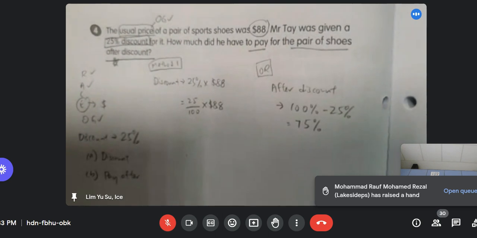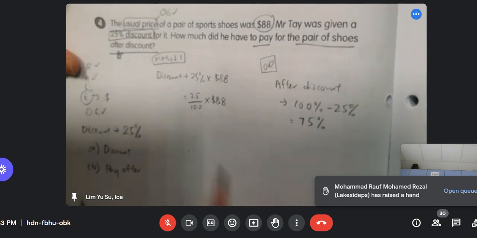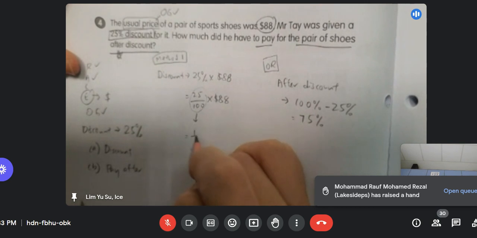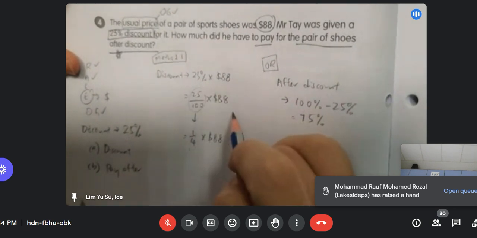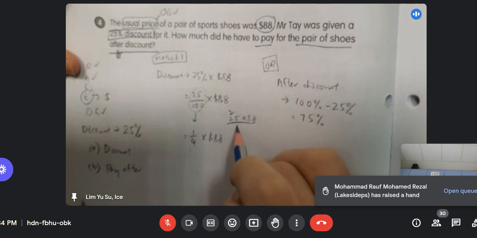You see, if your fraction is very strong, you will be able to simplify this into 1/4 times 88. But if your fraction is not very strong, you're going to do 25 times 88, then divide by 100.